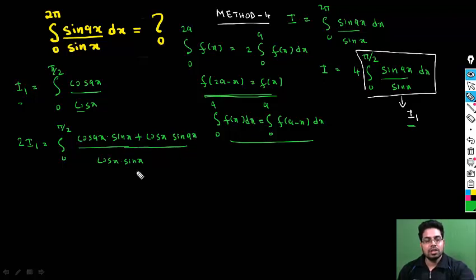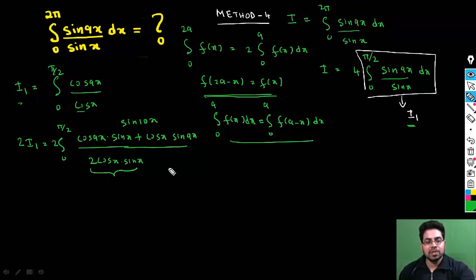So this is in the form of cos A sin B plus sin A cos B. That means this whole expression can be written as sine 10x, and if I multiply 2 over here and 2 over here, the denominator becomes sine of 2x.